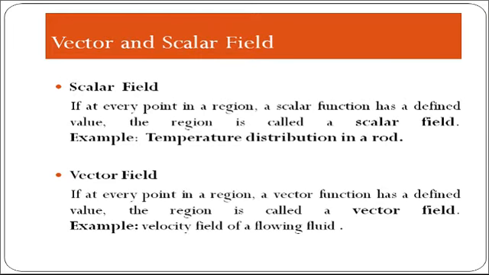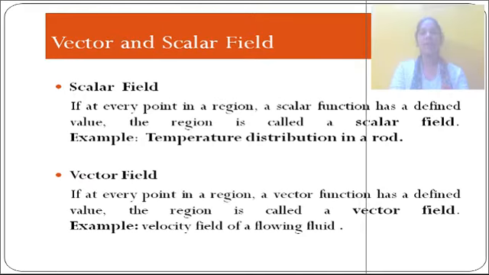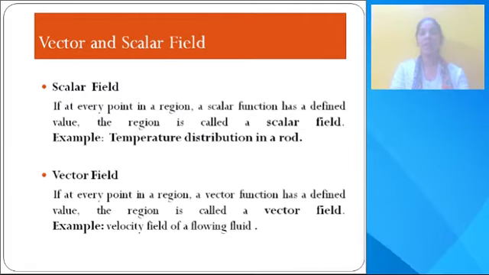The area where the scalar quantities are effective is called a scalar field, and the field where the vector quantities are effective is called a vector field. A scalar field can be defined as: if at every point in a region a scalar function has a defined value, the region is called a scalar field.